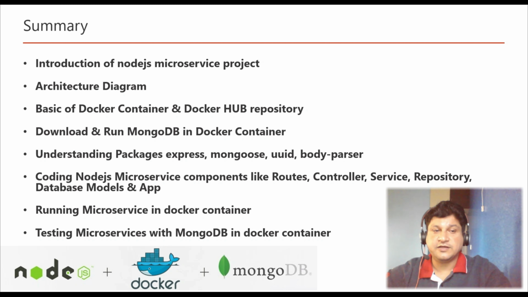Then I showed you the Node.js coding implementation of our microservices module like routes, controller, service, repository, and database model, etc. Then I explained how to find an IP address of database Docker container. Then I have shown you how to run the microservices in a Docker container and connect to a database Docker container. Finally, we tested our microservices running in a Docker container and connected to a MongoDB running in another Docker container.